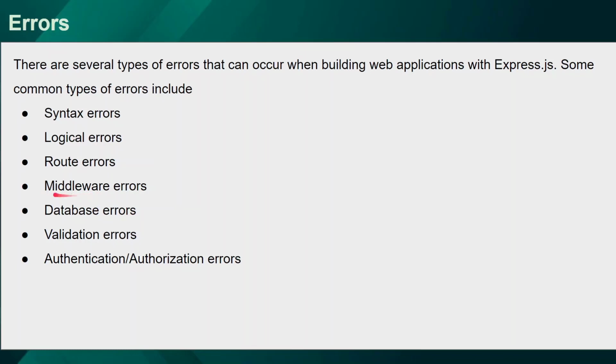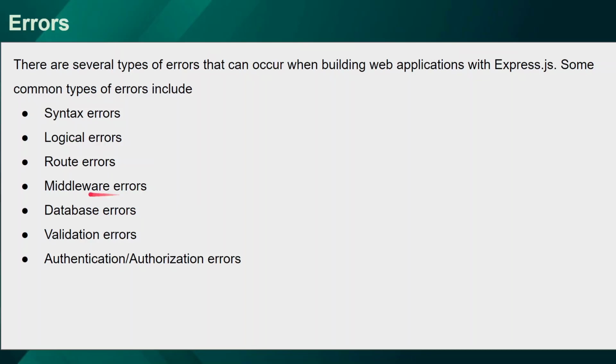And middleware errors are the errors that rely on the middleware. We will discuss what middleware is about in the next video, because this is a very important topic when it comes to backend development like Express. But anyway, middleware is like a function that we place in between two functions. So it may invoke some errors that cause unexpected results.